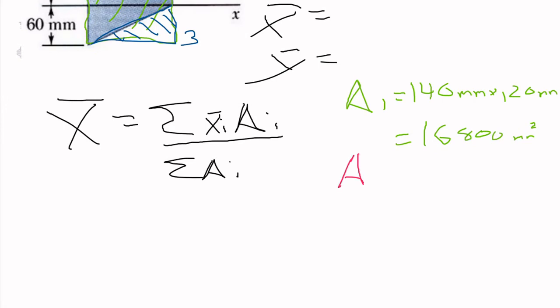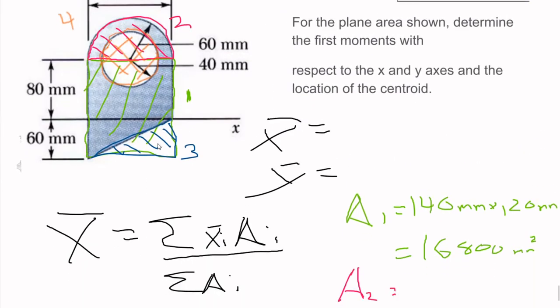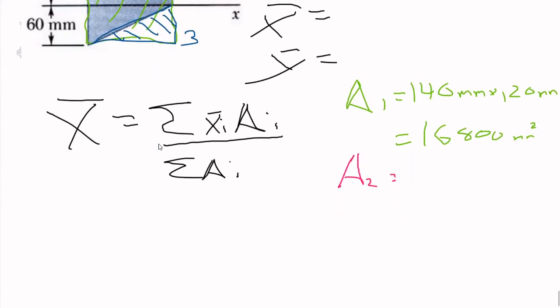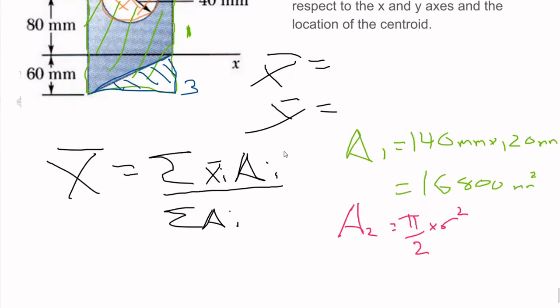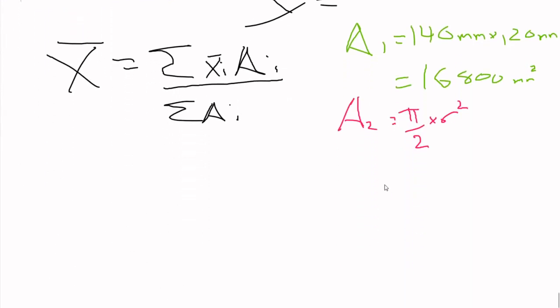Next up we're going to go for our fuchsia. So we've got our A2. We know that the area of a circle is pi r squared, and we have a half circle here. So we're going to go with pi over 2 times r squared. The radius of that circle from here to here is given as 60 millimeters, which is equal to pi over 2 times 60 millimeters squared.